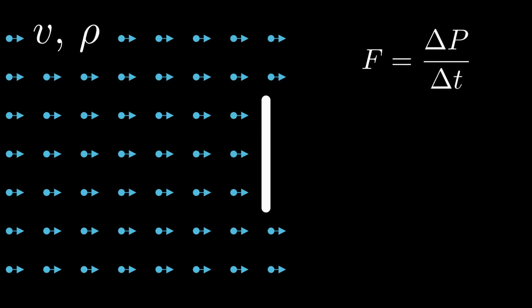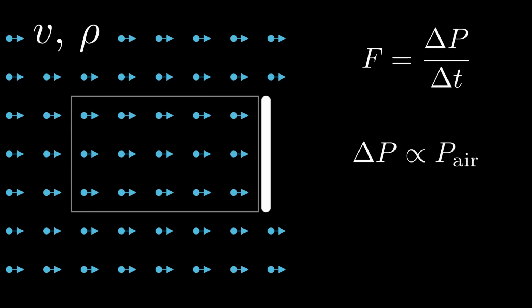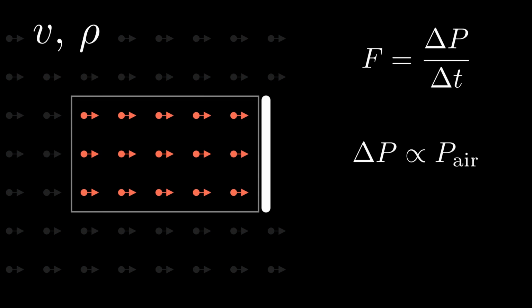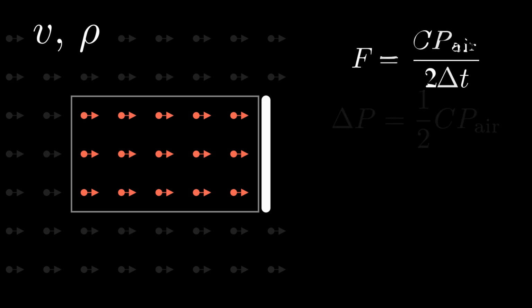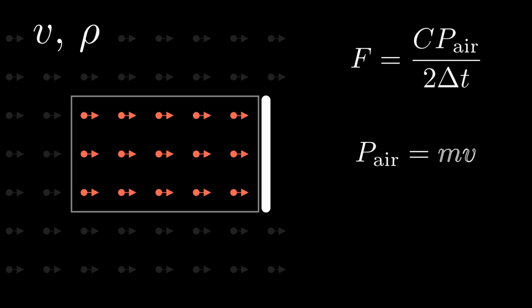Suppose that impulse transferred to the plate is proportional to the combined impulse of the air particles which can reach the plate during this time. The value of the numerical coefficient depends on the details of the particles' interaction with the plate and themselves. I've also multiplied the right-hand side by a half to follow the convention. The impulse equals mass times velocity.